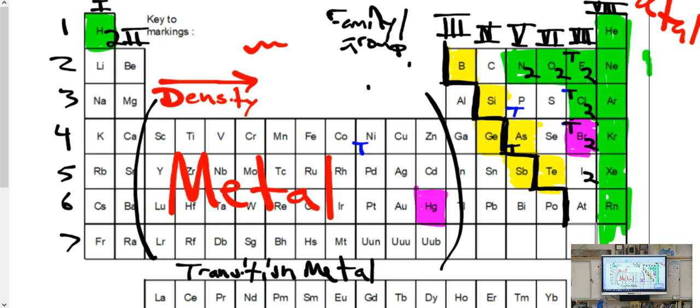The trend for density is very simple, and you can put it anywhere over here. It doesn't matter exactly where you put it, but as you go lower on the periodic table, density increases. Okay? So the arrow will always be pointing to the higher place.